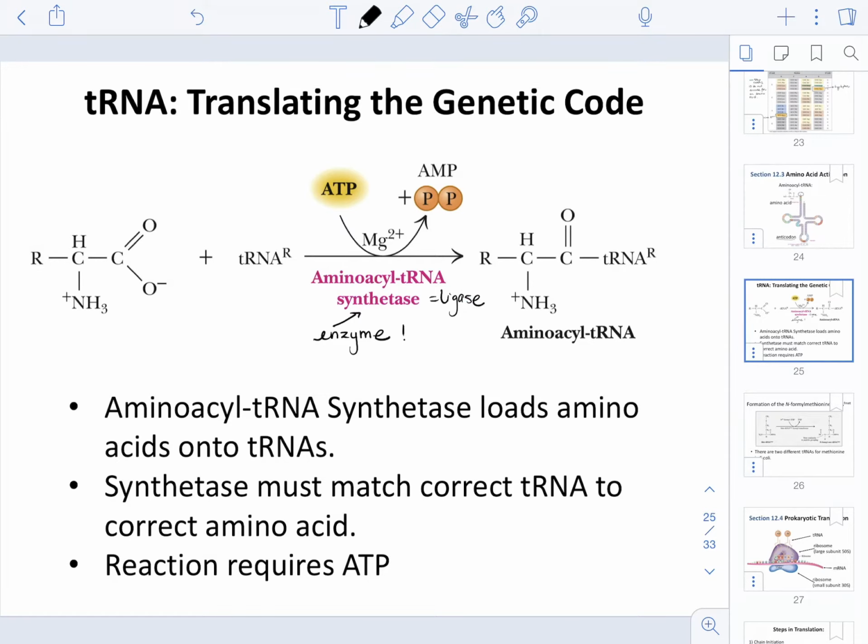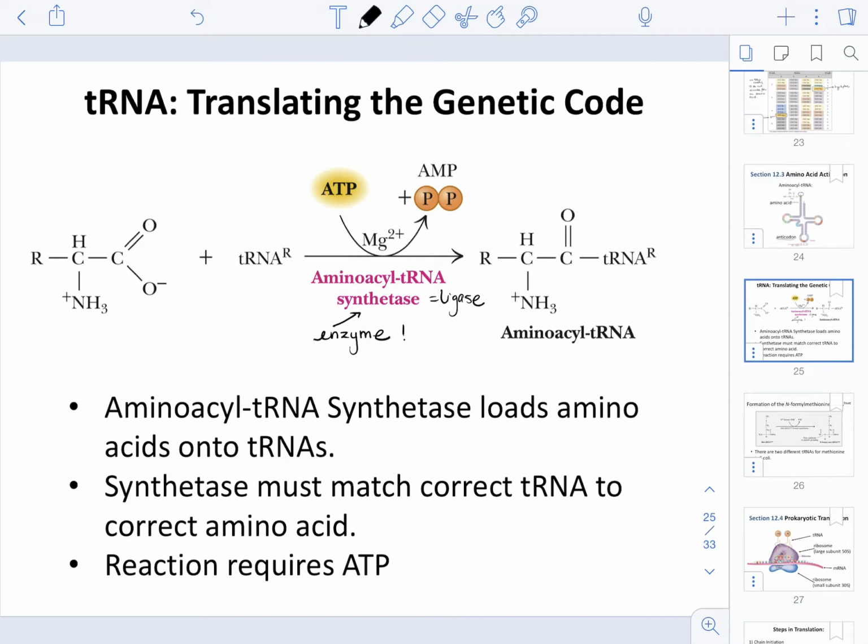Remember, when this process happens, the synthetase must match the correct tRNA to the correct amino acid. This process additionally requires ATP. So you can imagine that this is not a trivial process.